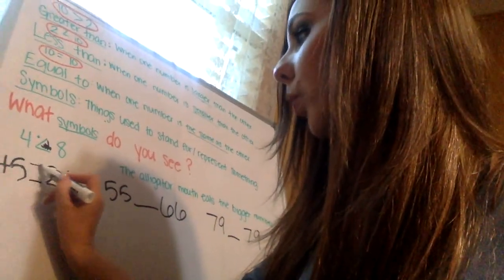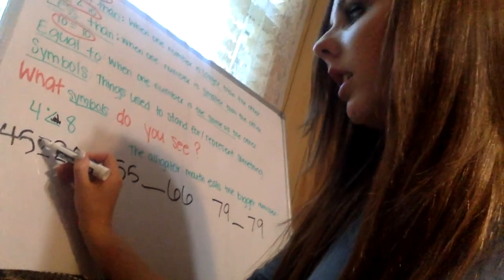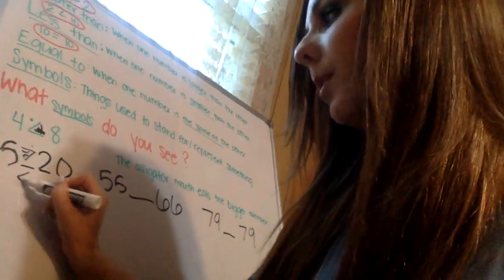Okay, so we've discussed that 45 is greater than 20. So I put the open side to the 45. I do my alligator teeth in there and the eye right there. That fits. Now if I would have done it this way, the alligator would be eating the 20, and that's not the biggest number, so that wouldn't be right.